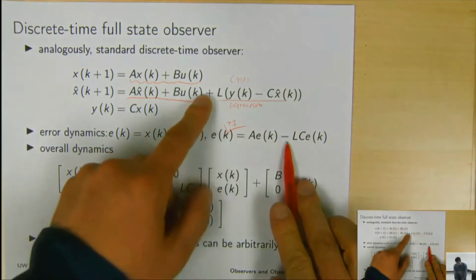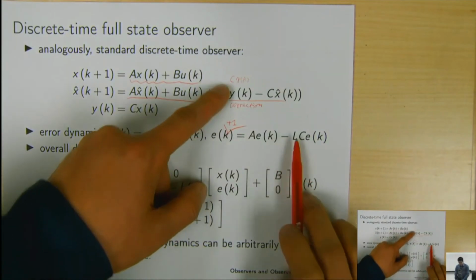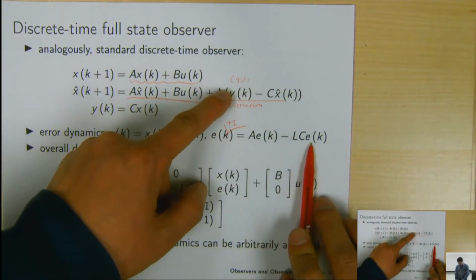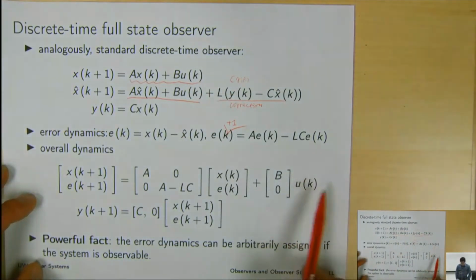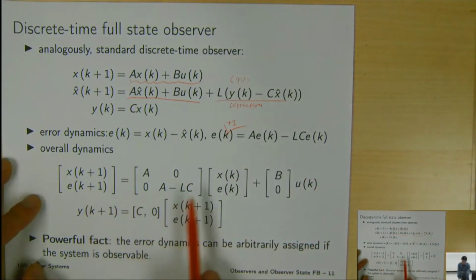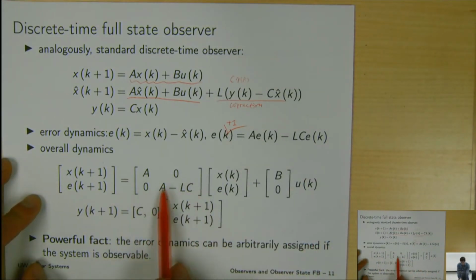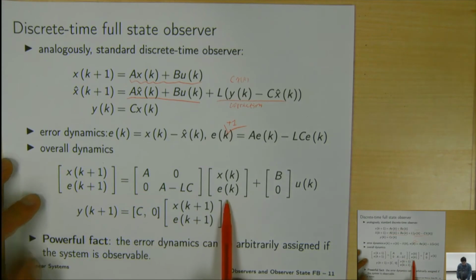So this is nothing but minus L times C e k. So the error dynamics have exactly the same structure, A minus LC over here.